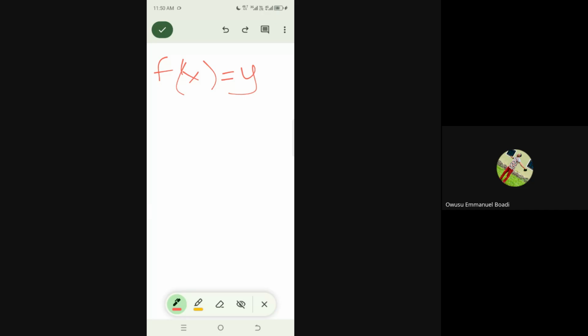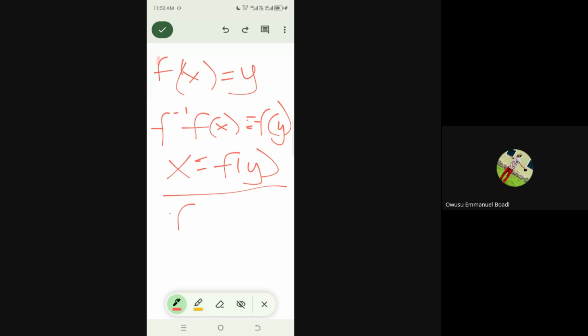So you apply f inverse to both sides, and you will have this, which means that now you have x equal to f inverse of y. So if the function f of x is equal to y, its inverse is x equal to f inverse of y.